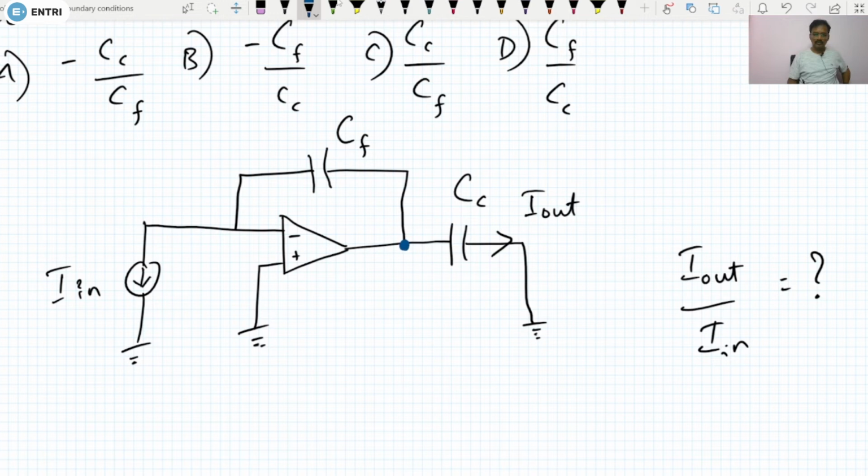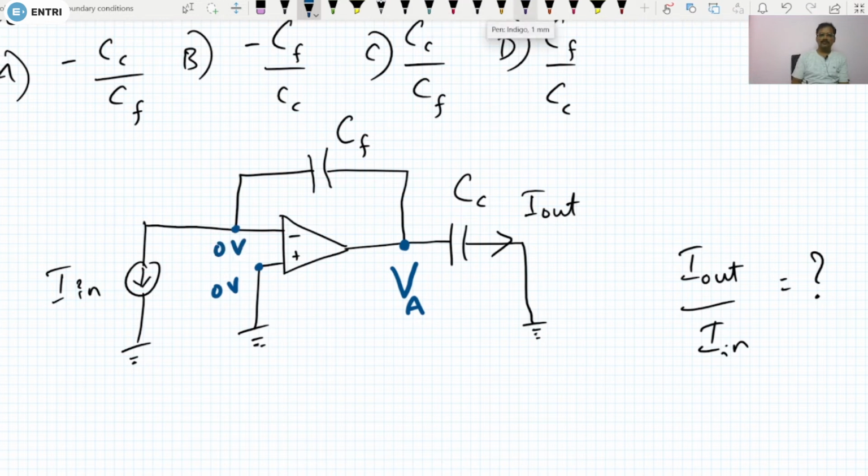I don't know the voltage here, so I am representing this voltage as VA. Since you have negative feedback here, we can apply the virtual ground concept. So here it is 0 volts, so here also it must be 0 volts.